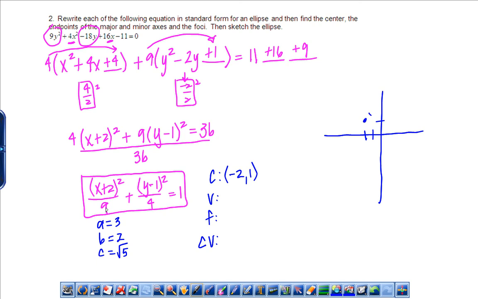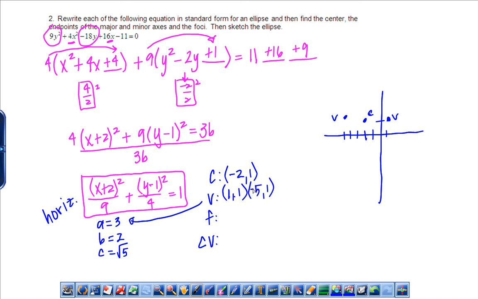Okay, if my A is bigger over here, this is a horizontal. So my vertex, remember vertex right here is 3. That means I'm going to go left and right. So 1, 2, 3. These are my vertex. So vertex is going to be, this is 1, 1 and 5, 1.